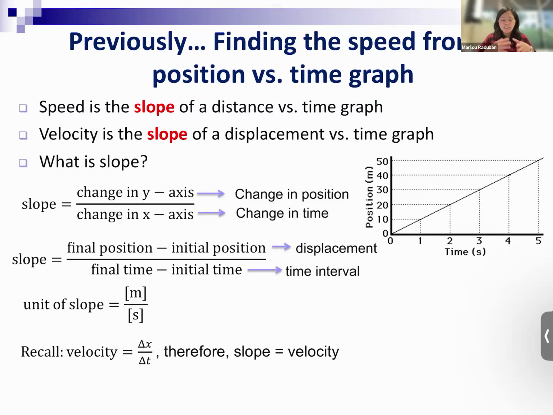We said that the motion of an object can be plotted in a graph, for example, this position versus time graph here. And we learned last time that if we calculate the slope of this graph, we are able to get either the speed or the velocity.